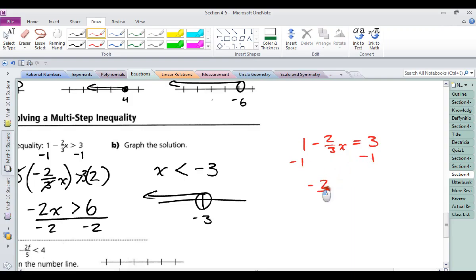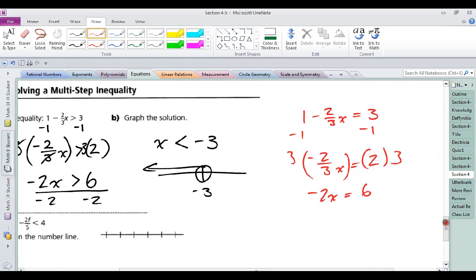So negative 2 over 3x equals 2. Multiply both sides by 3. Negative 2x equals 6. Divide by negative 2. X equals negative 3, right?